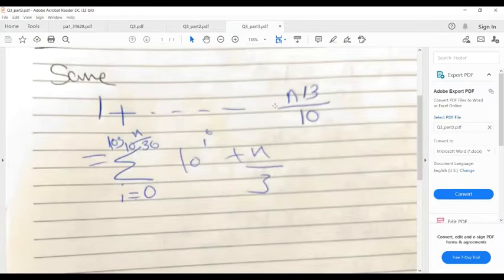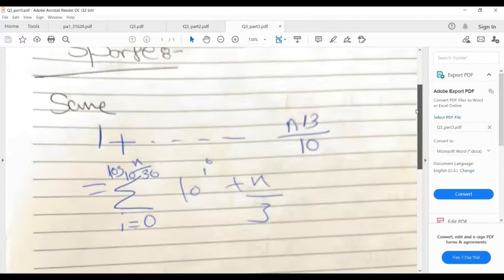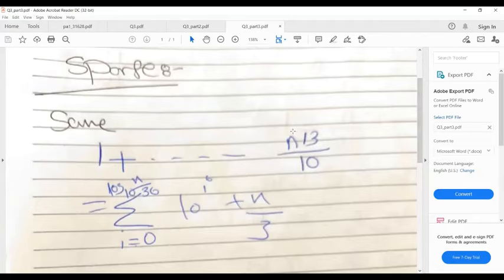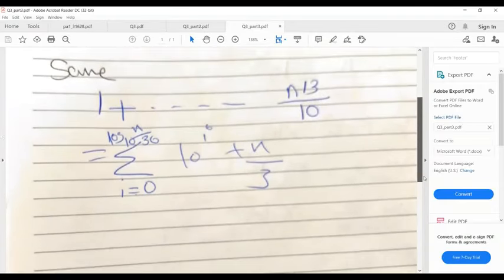Instead, as I mentioned while we were answering question 2, while we are constructing a sparse index, we don't divide the number of records by 10, because we don't need to include all the records in our sparse index. We only include a single entry per block, and the total number of blocks to hold the data is equivalent to n over 3. That's why we divided n over 3 by 10, and all the other summation and the n over 3 will be the same as the second part, which is a dense index in this case.